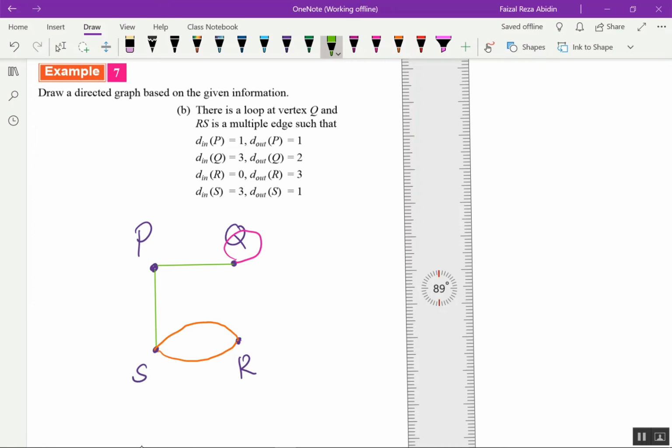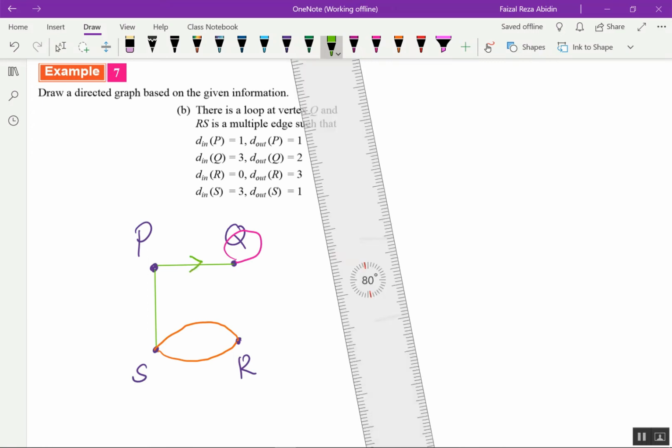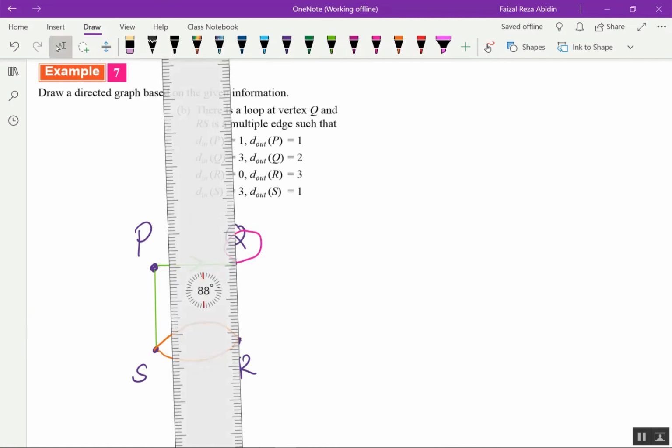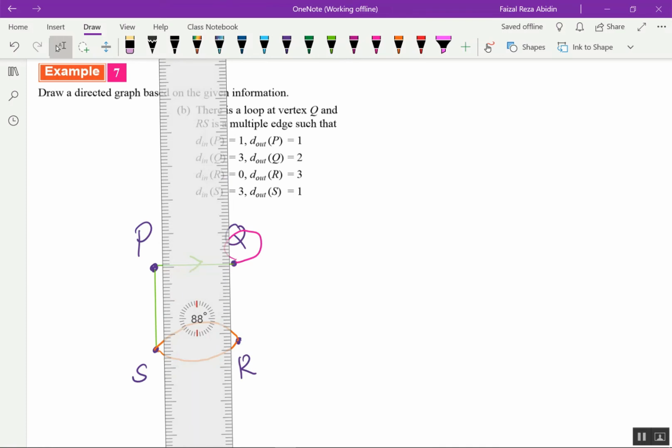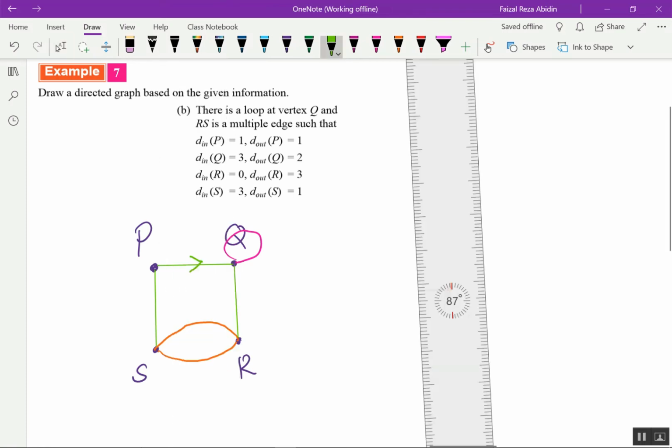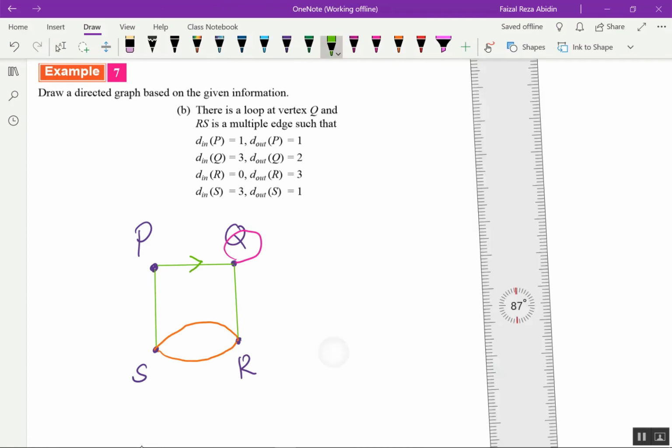Means that this one is out from P. This one out for Q. Because the loop over here is considered as 1 for in, out also 1. Am I right? So this loop gives 1 for the degree in for Q, and then this one stated as 3. So this one is 2. So this one is 3.